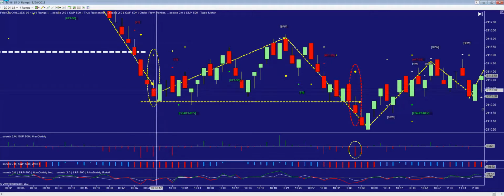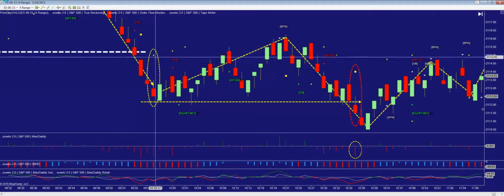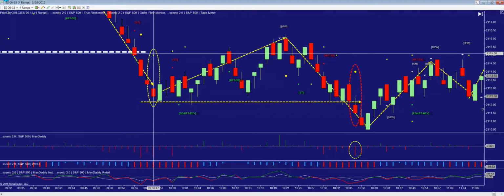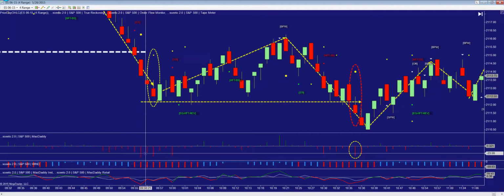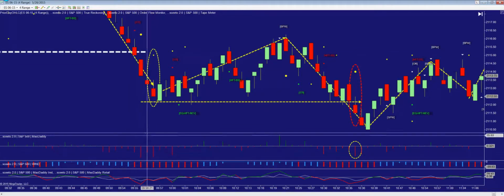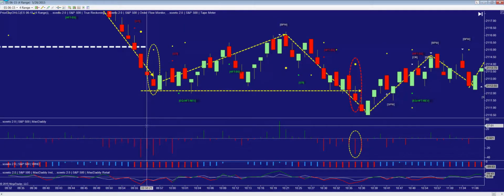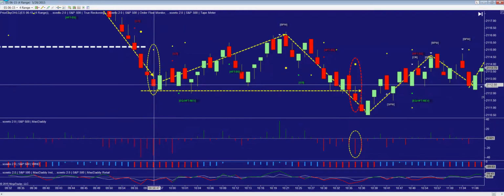So now we've had this move down, and I have 2 things going on. I've got this tick ratio. I've got the slowing down a little in MacDaddy on the bar before, and I have a hammer bar. This becomes a candidate bar for conclusionary selling.